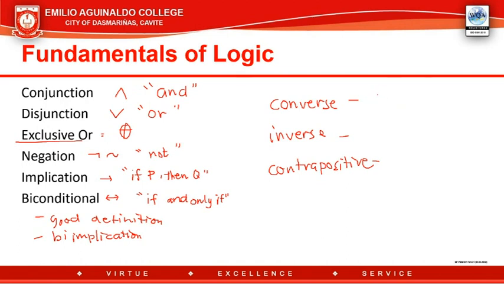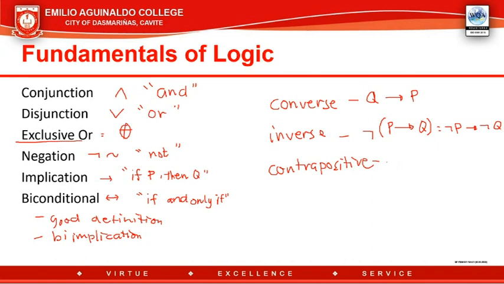So instead of P implied Q, we're going to make it Q implied P. For inverse naman, instead of using the original implication P implied Q, we're going to negate the implication P and Q. So this is the negation of P and Q. Or if we're going to distribute the negation sign to our symbols, it will give us negation P implied negation Q.